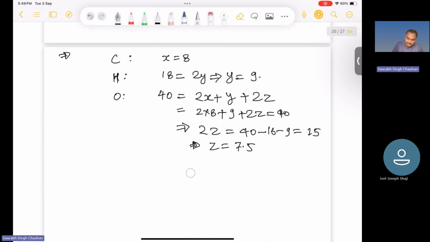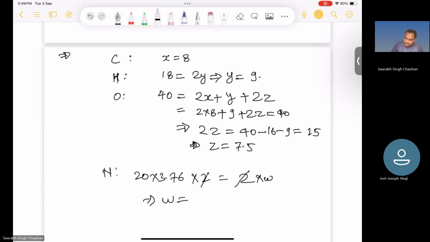We will do it again. For N, it will be 20 into 3.76 into 2 is equal to 2 into w. So this 2 will cancel out and w becomes 75.2.